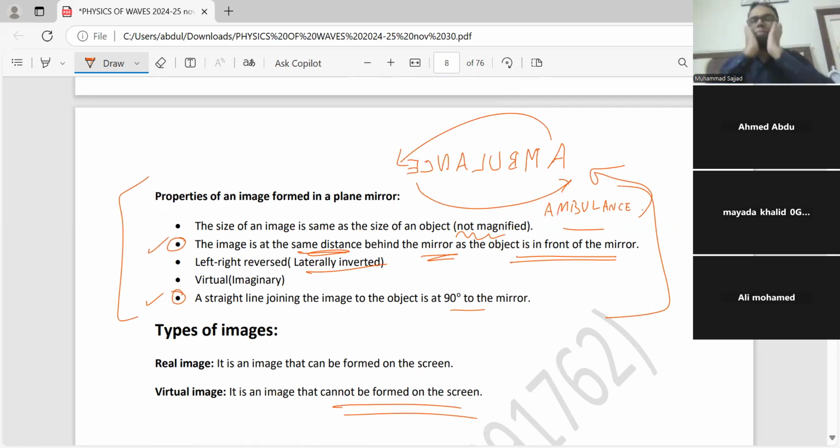One more difference between plane mirror and curved mirrors. In every car, there are two curved mirrors and one plane mirror. Where is the plane mirror? The plane mirror is inside the car, that small rectangular one. And the mirrors on the sides of the doors, outside the car, the door mirrors, are curved mirrors.